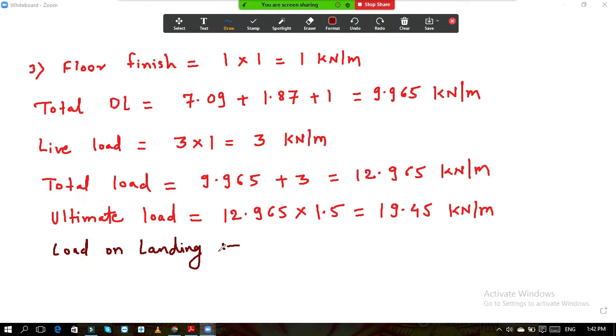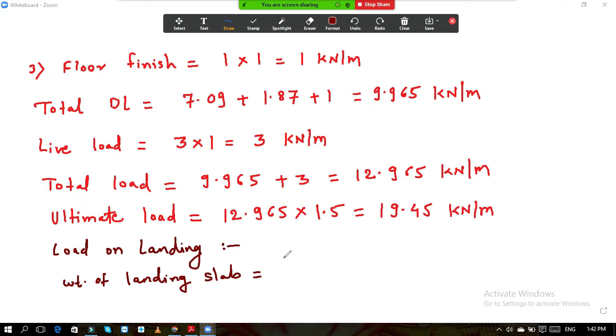Load on landing. First we will calculate the dead load. In the dead load, the first thing is the weight of landing slab. We have assumed the depth.